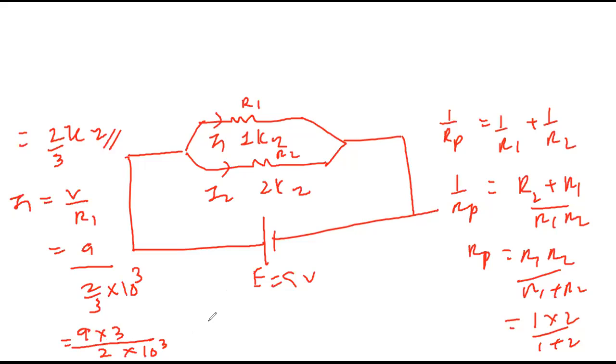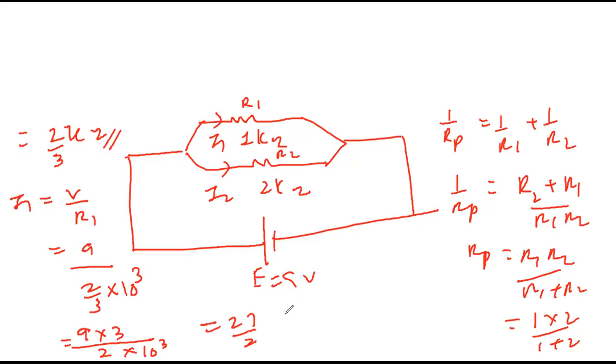That will be 27 upon 2. I is V by R1. V is 9, 2 by 3 kilo, 10 raised to 3.